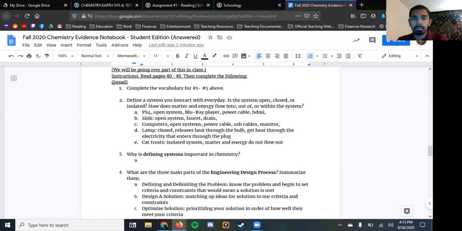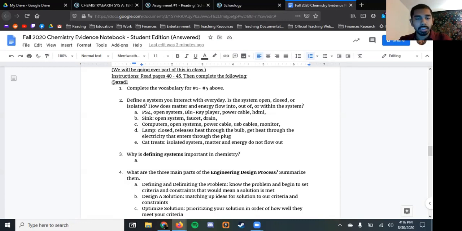You got animal stuff that cats would like, probably some catnip to keep them addicted. And this system doesn't have any matter that is going out of it, doesn't have any energy flowing out of it or into it, it just kind of is there, which means that it's an isolated system. Nothing is going in or out because nothing's happening to it. The cat hasn't eaten it yet. If the cat ate it, then we could be talking about whether or not it's an isolated system.